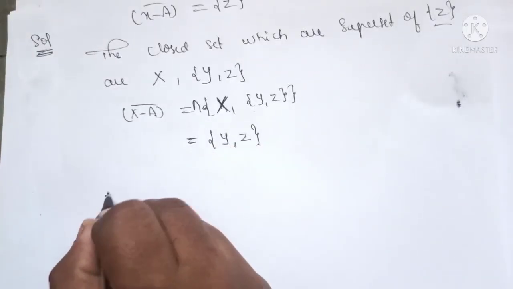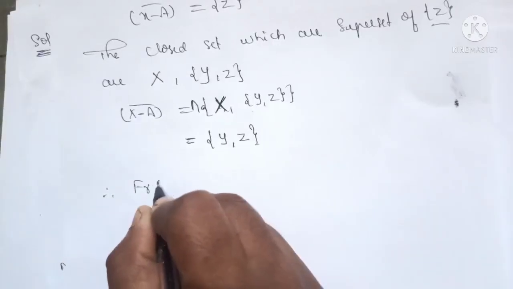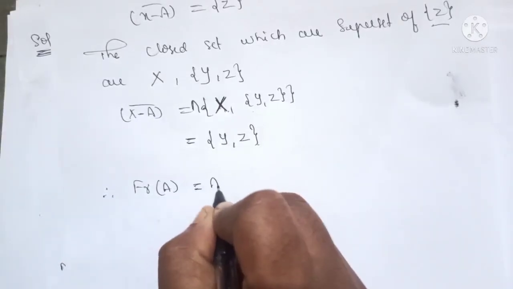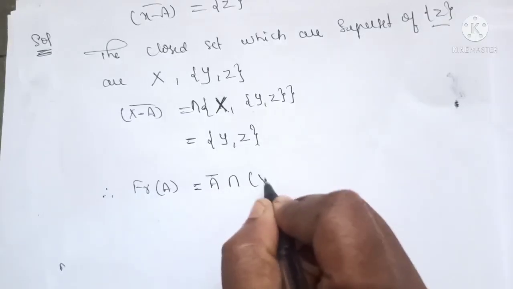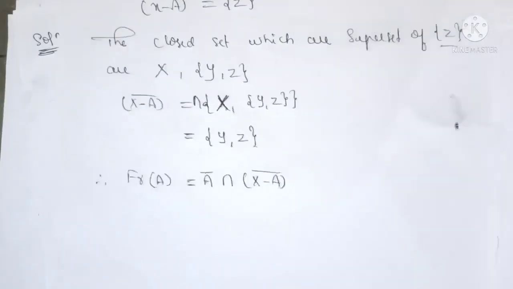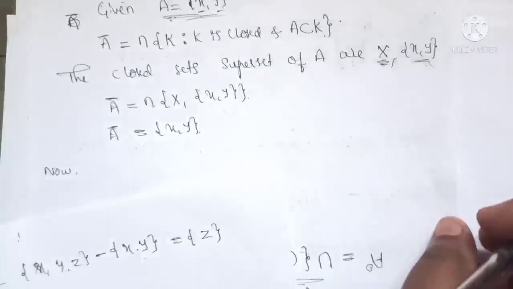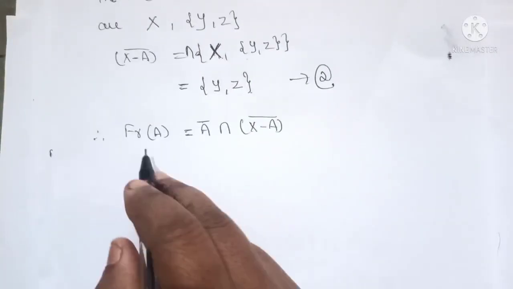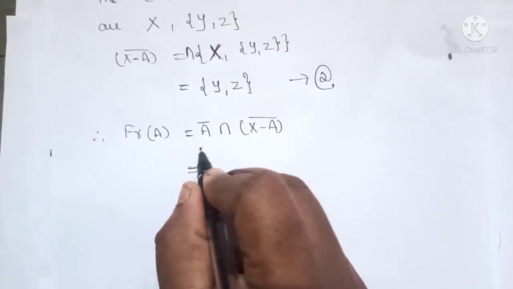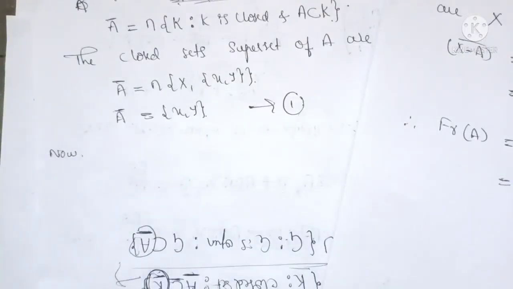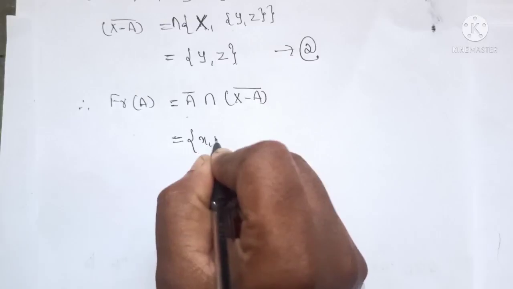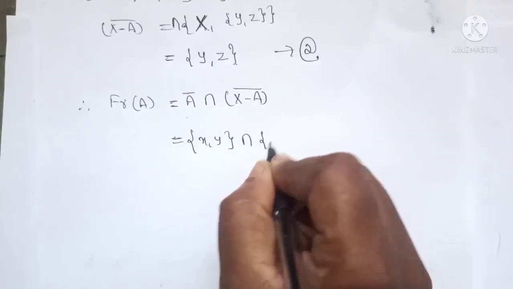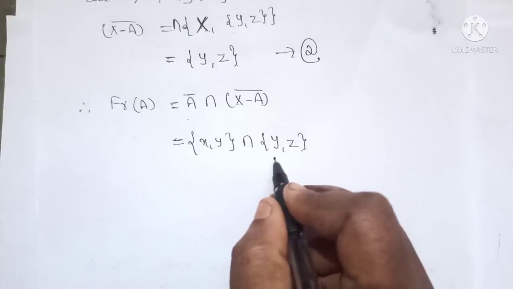Therefore the frontier of A is equal to A closure intersection X minus A closure. You can take this as equation 1 and this one as equation 2. So the frontier of A is nothing but A closure, which we got from equation 1 as {x, y}, intersected with X minus A closure, which is {y, z}.